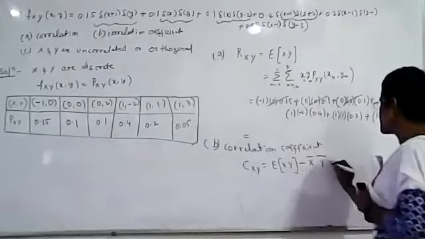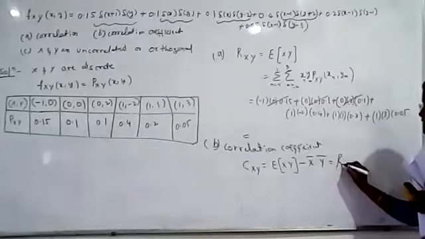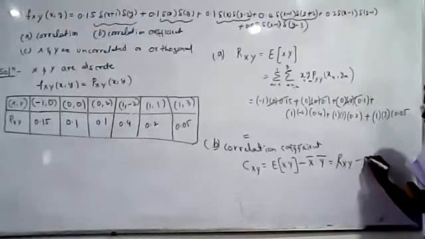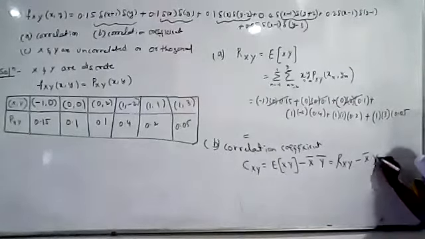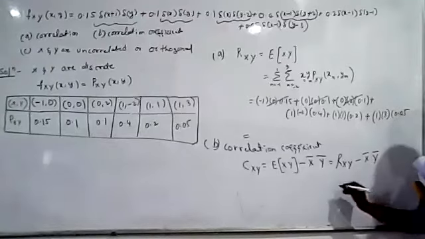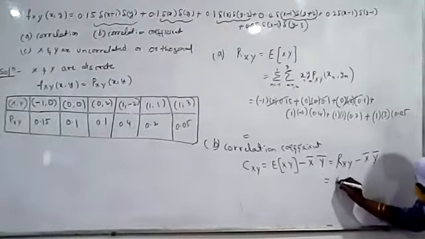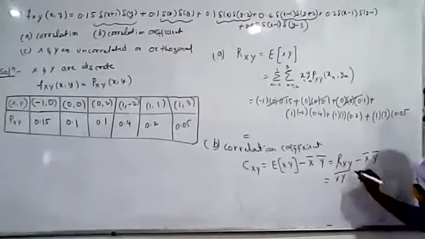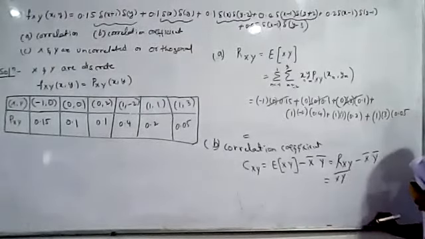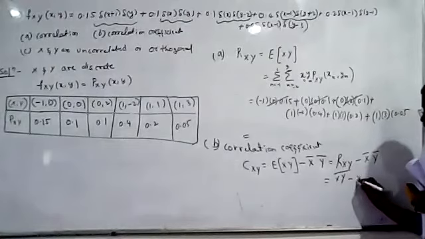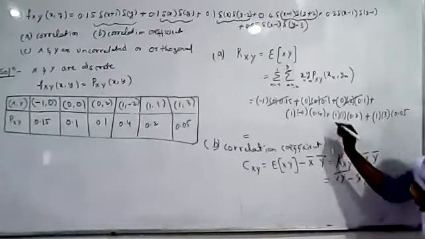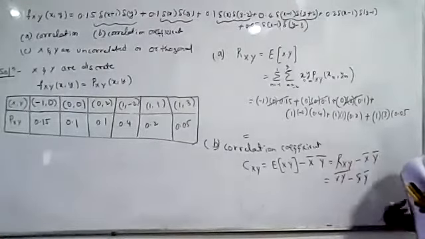This can also be written as R_XY minus X bar into Y bar. Or we can also write it like this: R_XY is nothing but the XY whole bar, minus X bar Y bar. R_XY we got here. What is the answer we got?